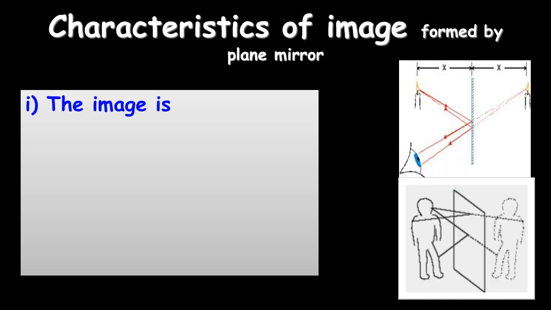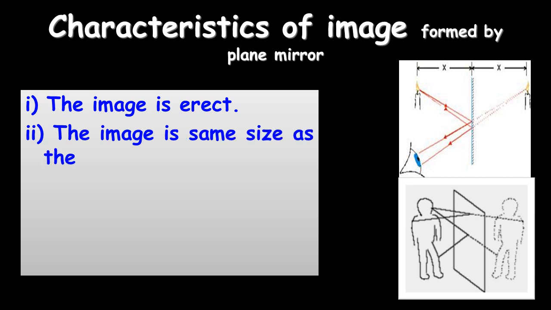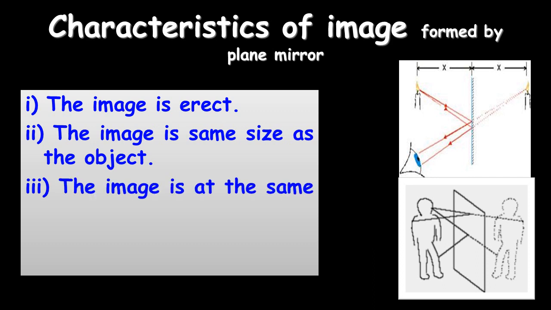So the characteristics of the image formed by the plane mirror are that, first, the image is erect. Erect means in the same direction. Secondly, the image is the same size as the object. Thirdly, the image is at the same distance from the mirror as the object is in front of it.